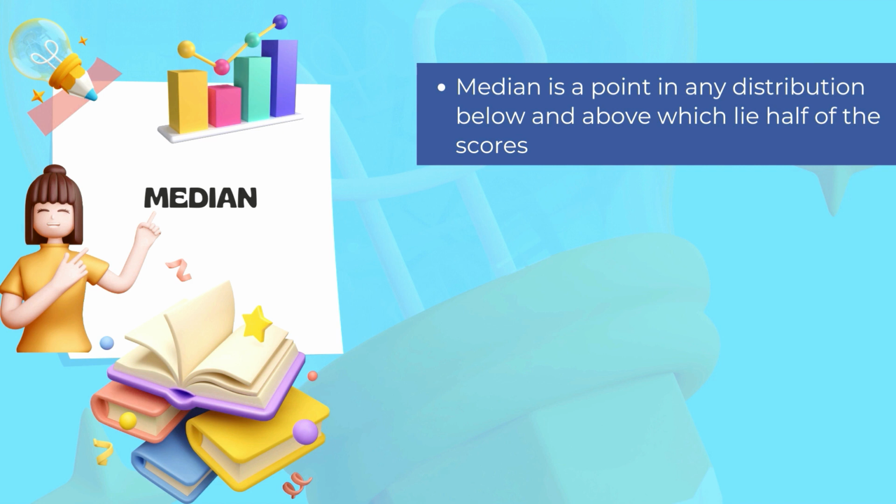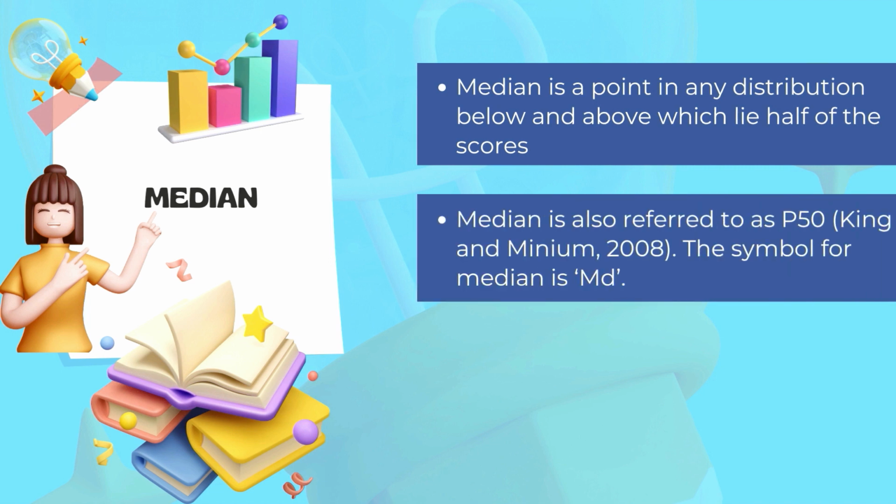So if you have 11 scores, then the middle score should be such that 50% of the scores are above that score, and 50% of the scores are below that score. So median is also referred to as P50, where P50 means the 50th percentile.